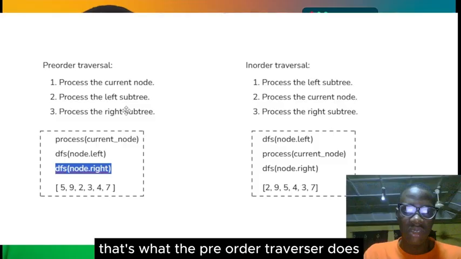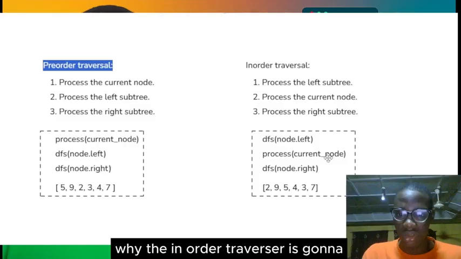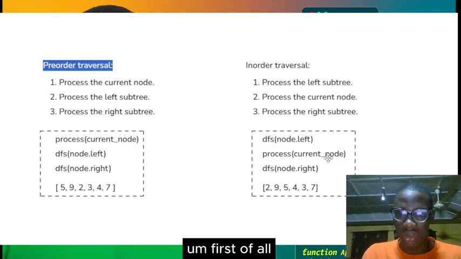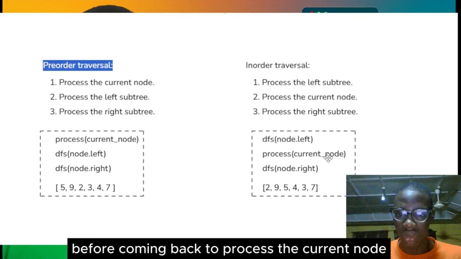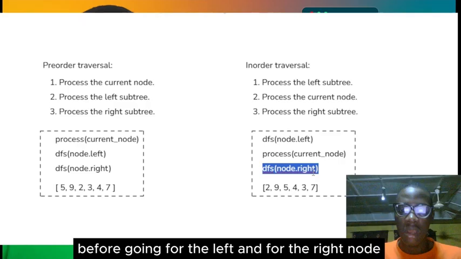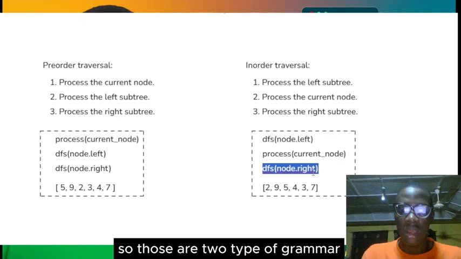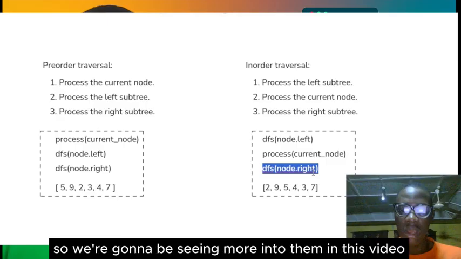That's what the preorder traversal does. The inorder traversal first processes the left node, before coming back to process the current node, and then going to the right node. So those are the two types of traversal. We're going to be looking more into them in this video.